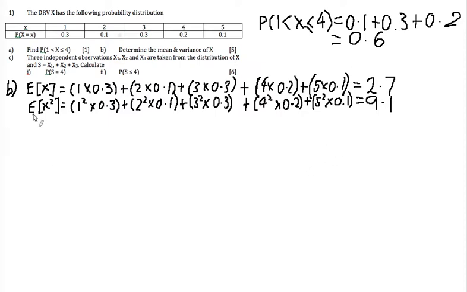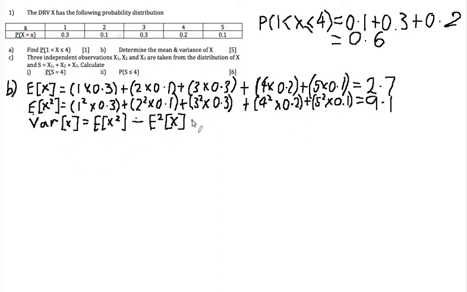The variance of x is a bit of a mouthful, so it is a visual thing as well. It's the expectation of x squared, that last line we just worked out, take away the expectation of x, squared. The expectation of x squared is that last answer, 9.1.